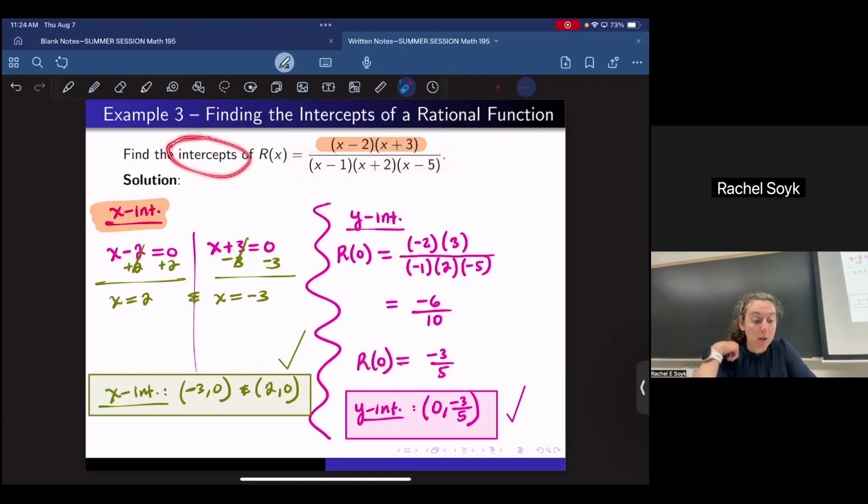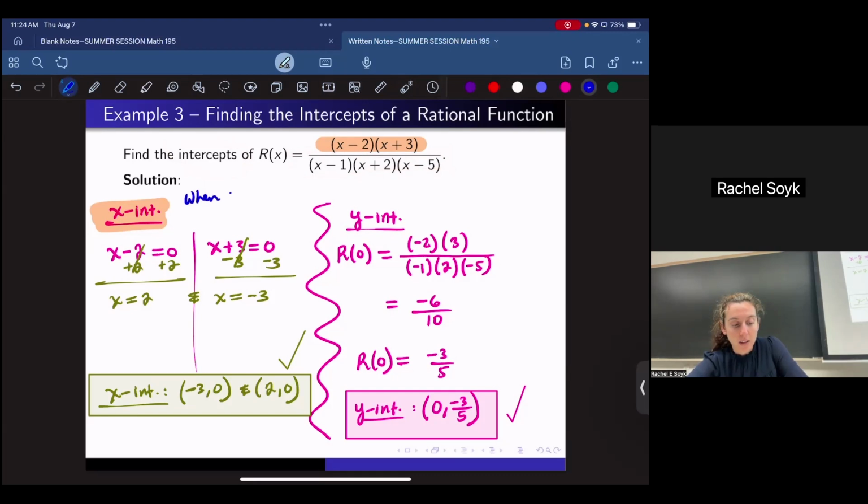But for intercepts, we just want our y. Definition of x-intercept is when y equals 0. Definition of y-intercept is when x equals 0. So if we set this equal to 0, we just want to look at our numerator. Yeah, no problem.